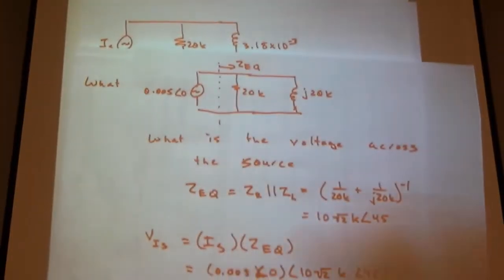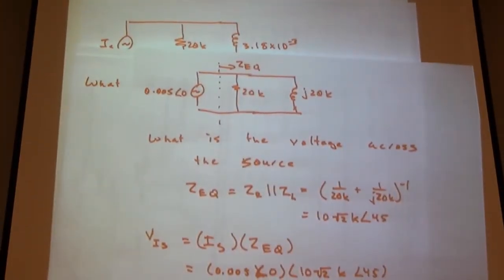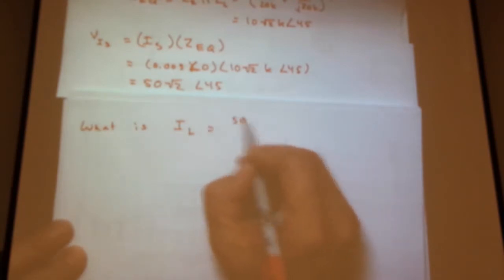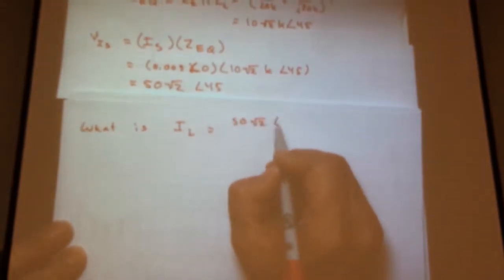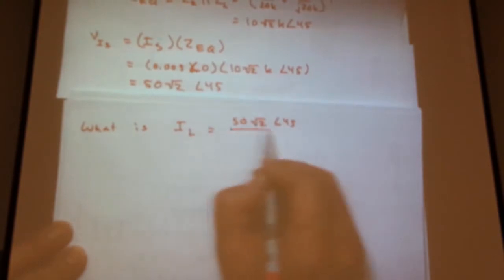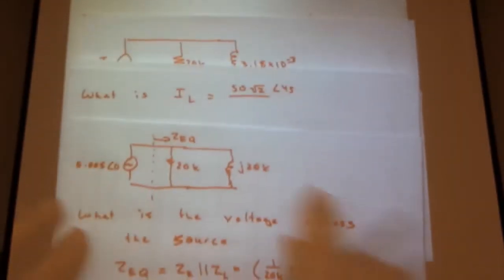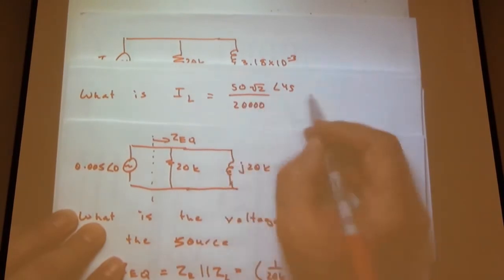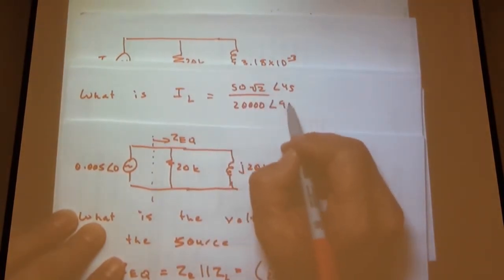Yeah, so we already found the voltage across this guy. This is a parallel circuit. It's a current divider. So if we know the voltage across the source, that's the voltage across the resistor, and the voltage across the inductor as well. And so we can go back now. IL is just going to be 50 square root of 2, angle 45, and we have an impedance of 20K, so that's 20,000, angle 90 degrees.